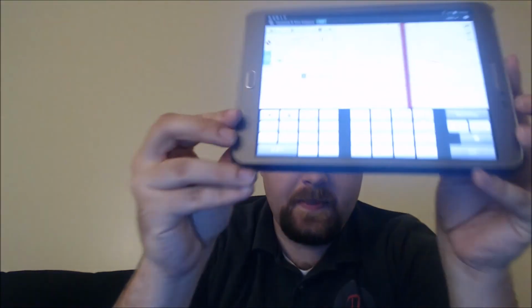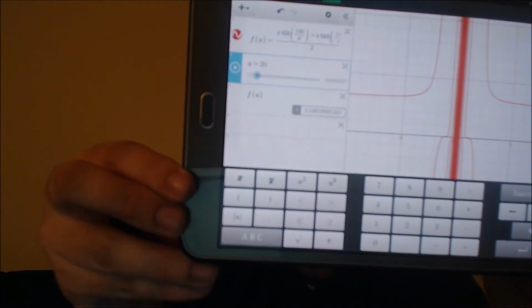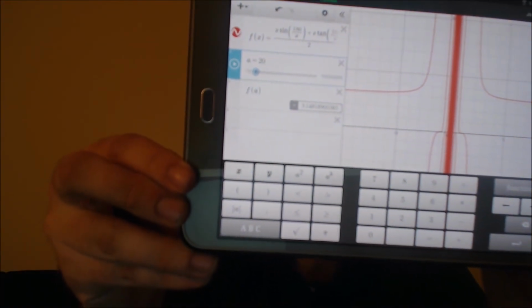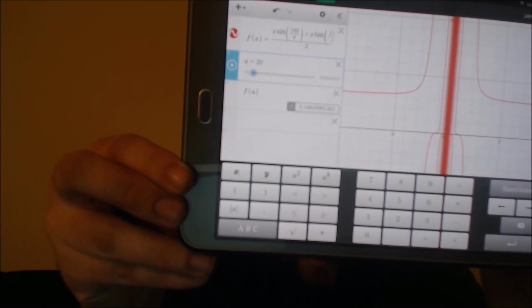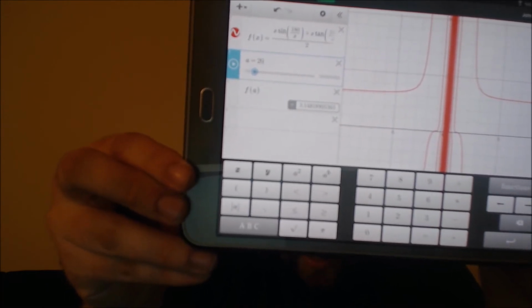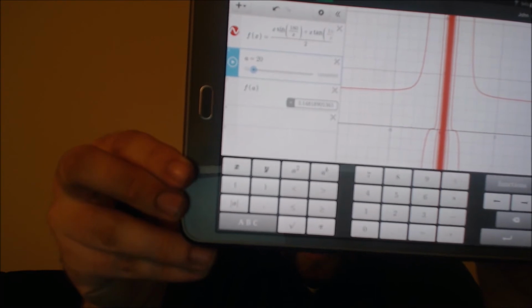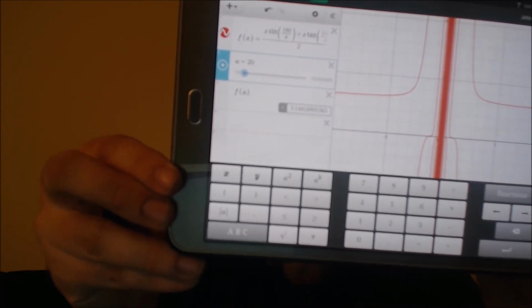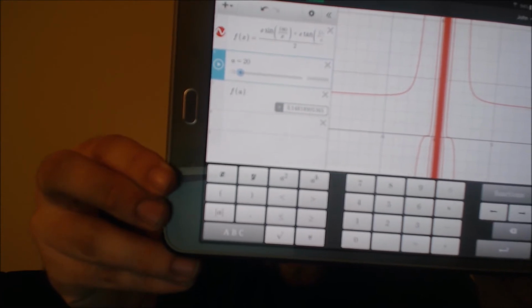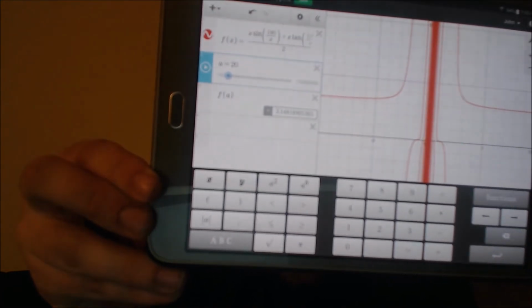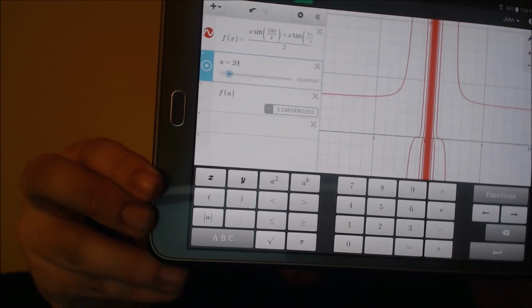Hold on. Okay. It's taking a little bit to focus, obviously. Okay. So when we evaluated our approximation function at 20, we get this number here. Yep, there we go.